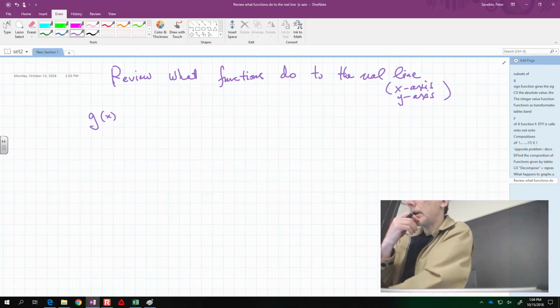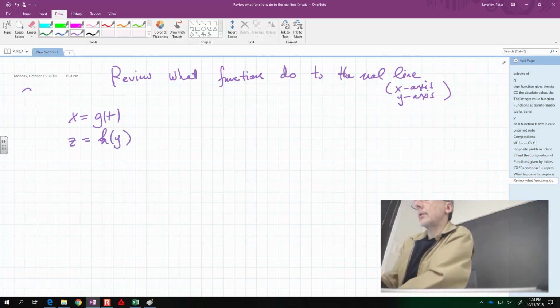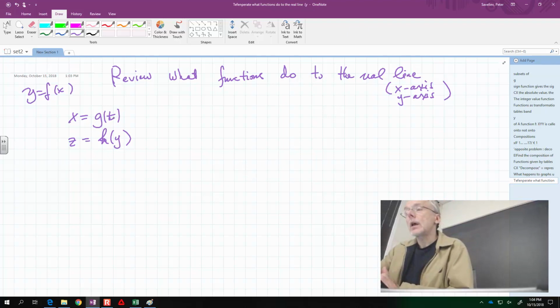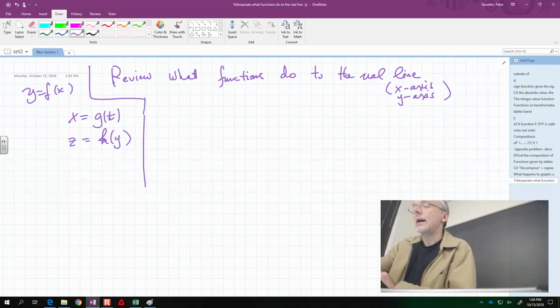Hold on a second. No, I don't want g of x. My function f is of x, so let me use a different letter. Say g of t, or z is equal to h of y. So y equals f of x, and then we will compose it with a g beforehand, before f, or with h after.